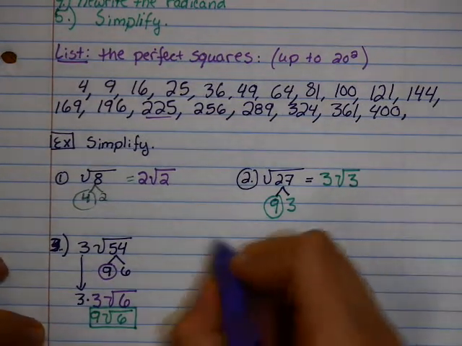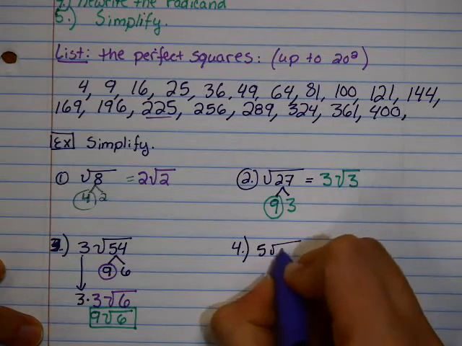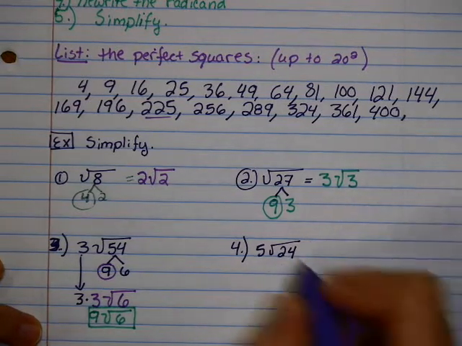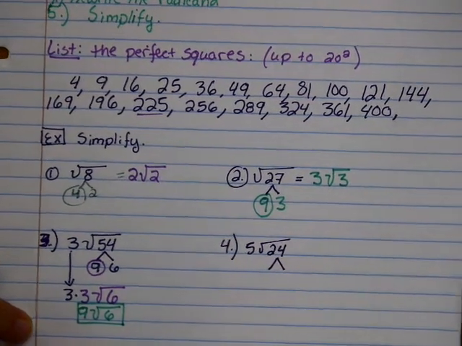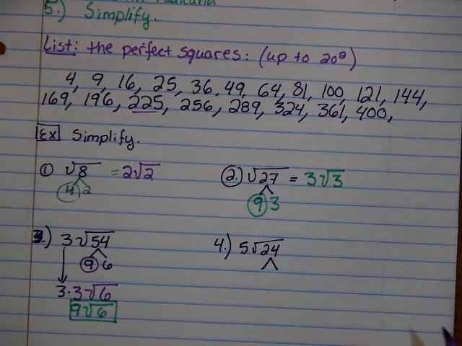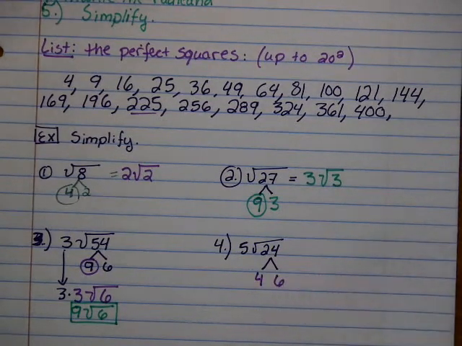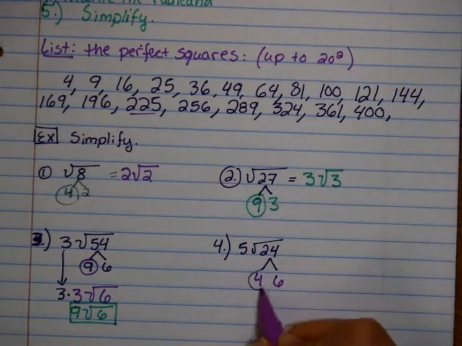Let's try another product. 5 square roots of 24. Okay, so 24, the largest perfect square I know is 4, because 4 times 6 gives me 24. Here's my perfect square.